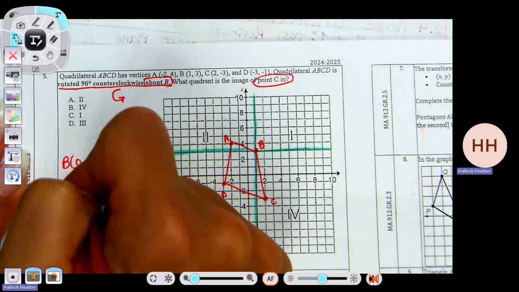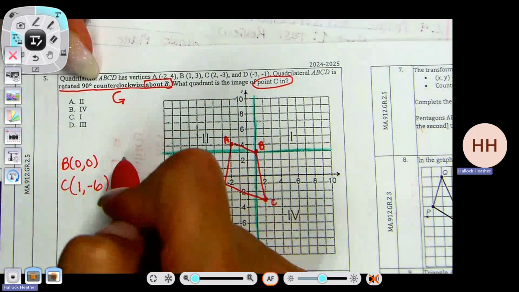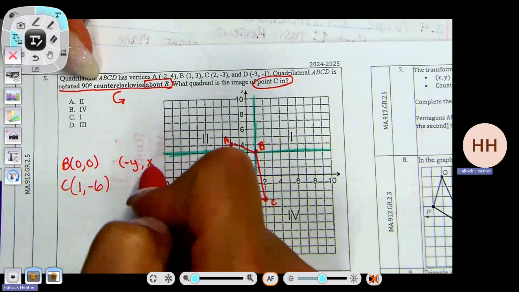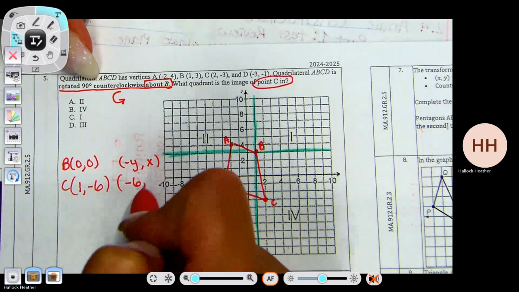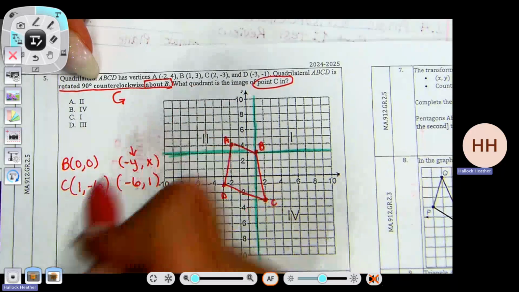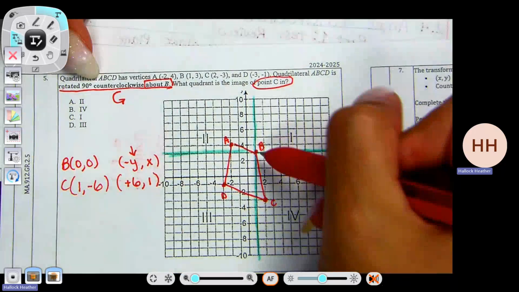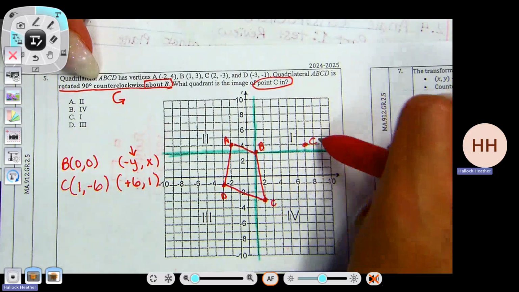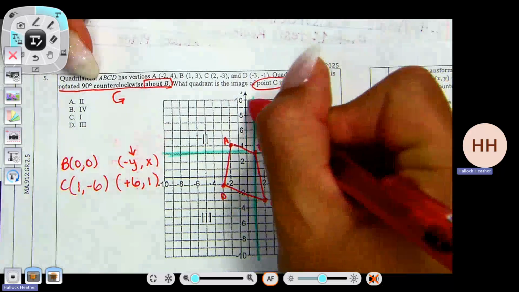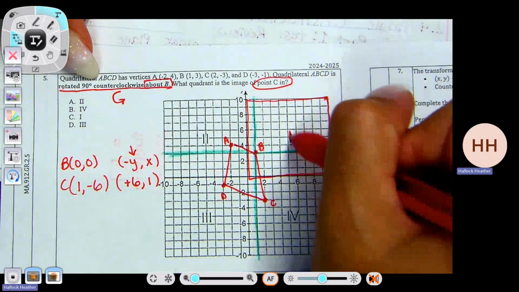C is (1, -6). If I use 90 degrees counterclockwise, that is (-y, x). So if I flip it, I change the sign. It was -6, so now it's +6. So if I go over 6, 1, 2, 3, 4, 5, 6, and up 1, I end up right here. That is in quadrant 1 of the graph, because there's a 1 here.